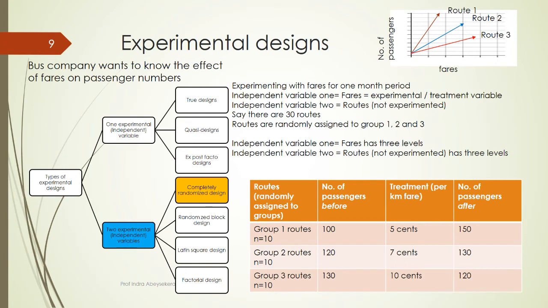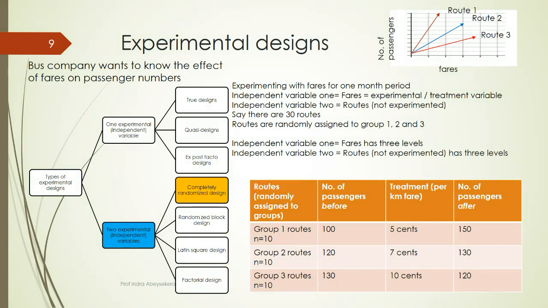So we have 3 levels of fares: 5 cents, 7 cents, and 10 cents. But we also have another independent variable, which are the routes. So there are 3 routes in this travel company: route 1, route 2, and route 3.